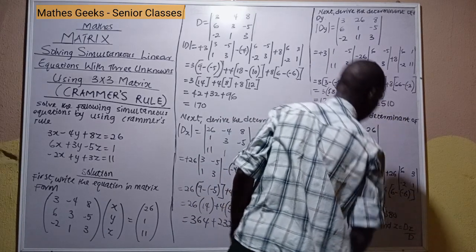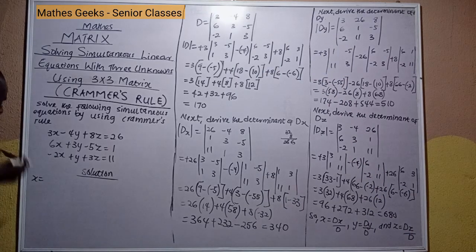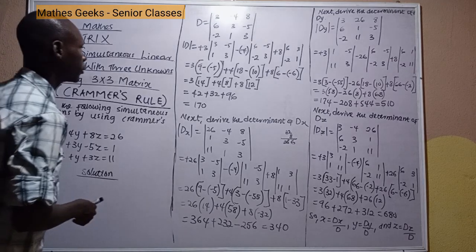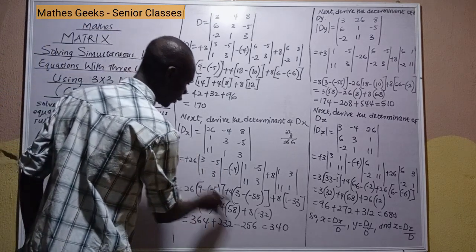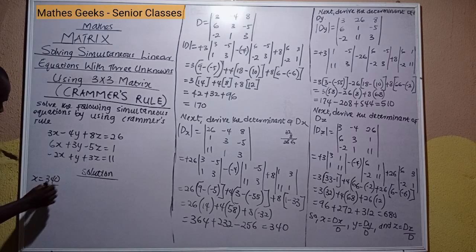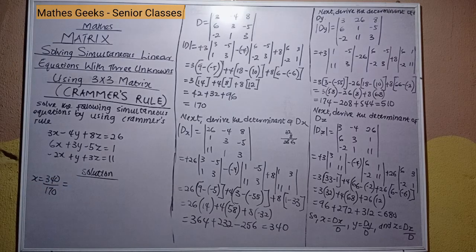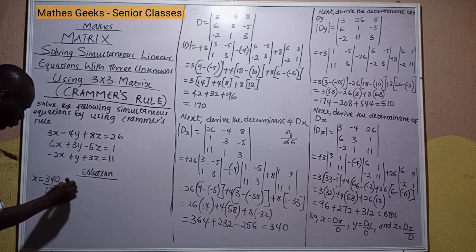dz over d. So x equals dx over d. The determinant of dx is 340, 340 over 170, and this is equal to 2.